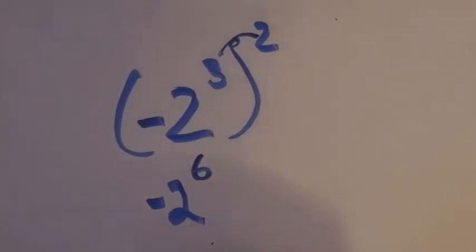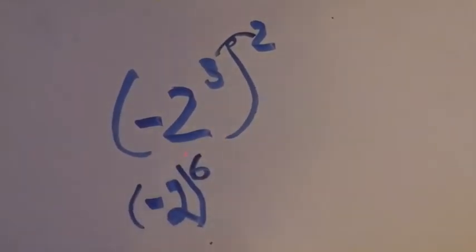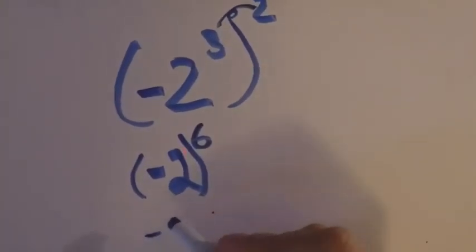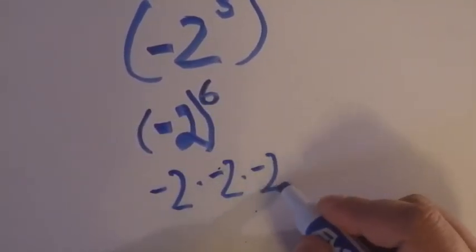Now, when we're saying negative 2 to the 6th, if you're using your calculator, you need to make sure that this negative 2 is inside of parentheses here, because we are saying it is the same as negative 2 times negative 2, 6 times.